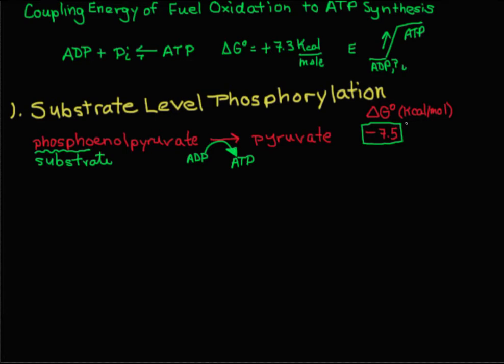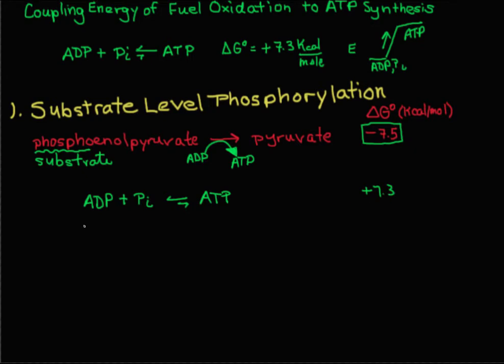Now to see how this works, let's look at the two reactions separately. We have the synthesis of ATP from ADP plus inorganic phosphate. And this reaction is unfavorable, so I put the arrow mostly to the left to synthesize ATP. And we already saw that the standard free energy was plus 7.3 kcal per mole.